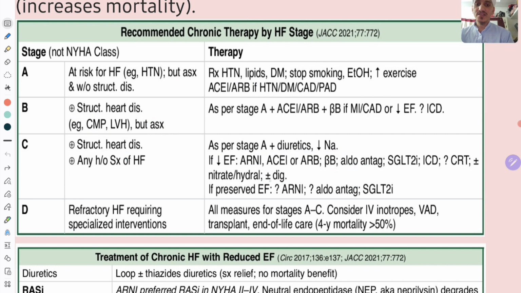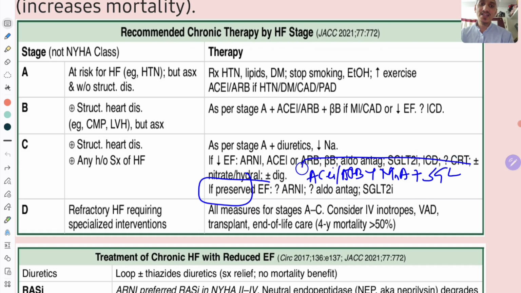If the ejection fraction is preserved, okay, so at that point you can use ACE inhibitor or ARB. Beta blockers do not have any evidence of decreasing the mortality in patients with preserved or borderline ejection fraction, but it is not negated. ACE inhibitor or ARB, mineralocorticoid antagonist plus SGLT2 inhibitor, this triad is used in preserved ejection fraction.